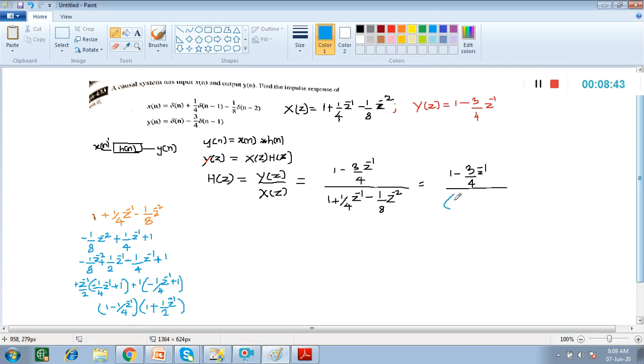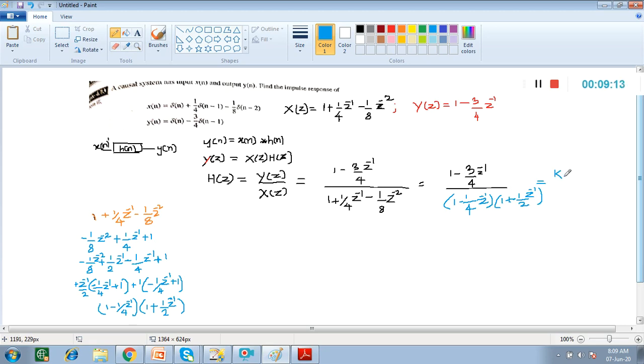So let's write these. It is 1 minus 1 by 4 z raised to minus 1 and 1 plus 1 by 2 z raised to minus 1. So these are the two roots. For this equation we have to go for finding the partial fraction constants.